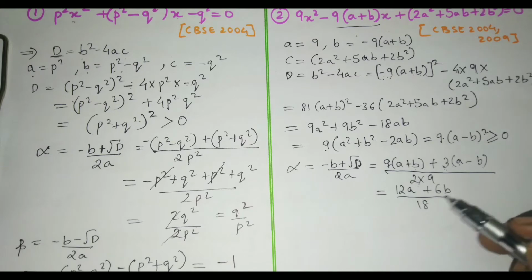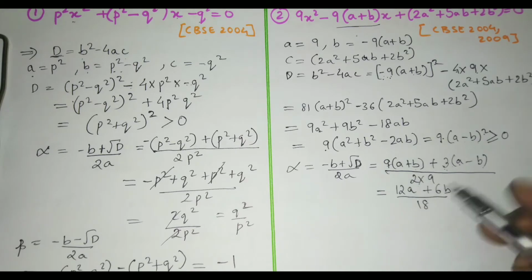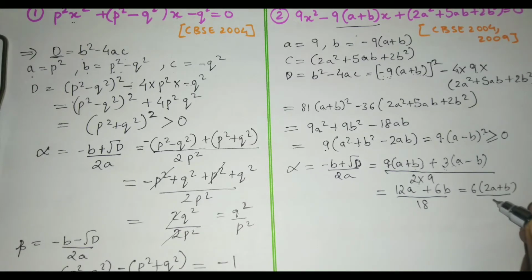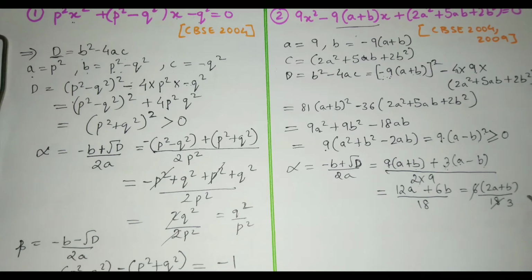Now I can take 6 as common here, I'll get 2a plus b, and here it is 18, so this will get cancelled, I'll get 6 3s, so we can say alpha is nothing but 2a plus b by 3.